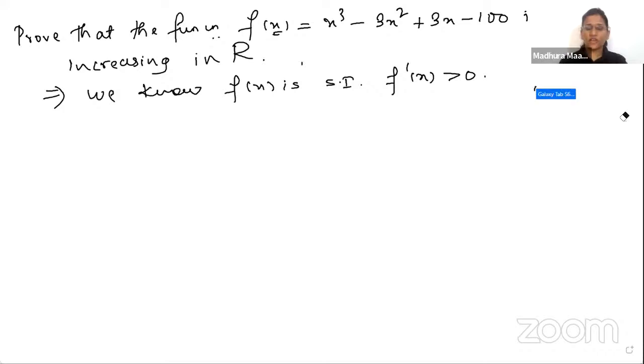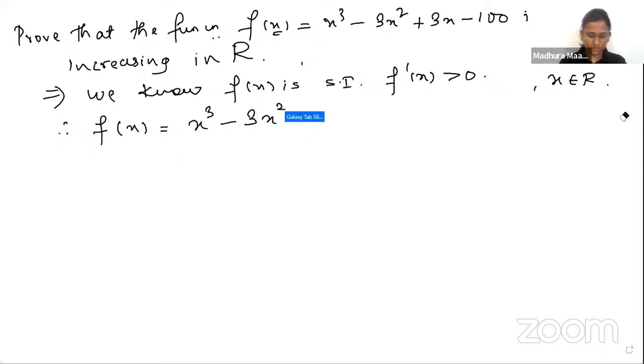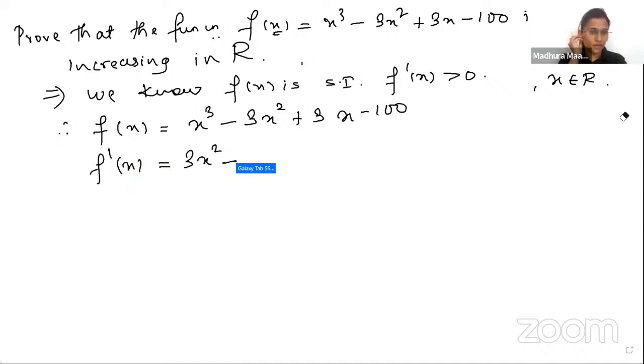Correct? Now where is x belonging here? X is belonging to real numbers. Therefore we know that f of x is given. Can I find out f dash of x? Yes, ma'am. Very easy. So f dash of x equals x cube becomes 3x square. Now x square becomes 2x, 2 into 3 becomes 6.